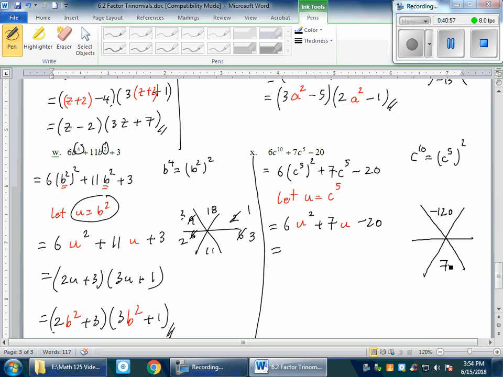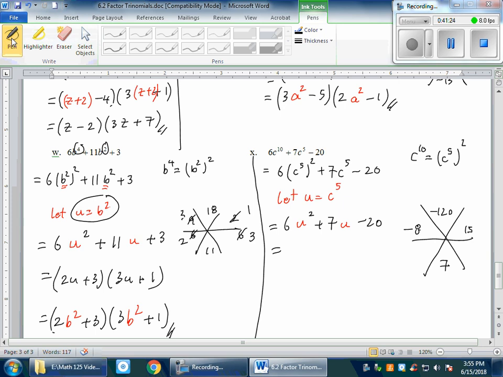So let's try 120 divided by, let's say, 8, and see what we get. So that's good because 8 times 15 is 120. And we want positive 7, so it must be positive 15 and negative 8, so that when we add them up, it becomes positive 7.